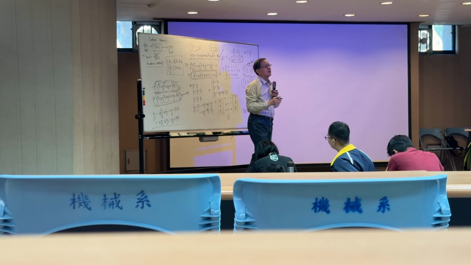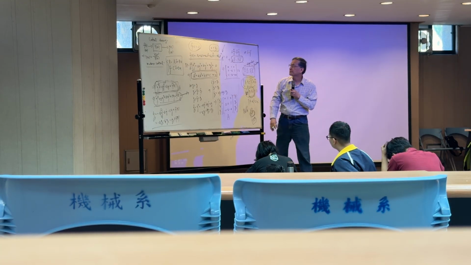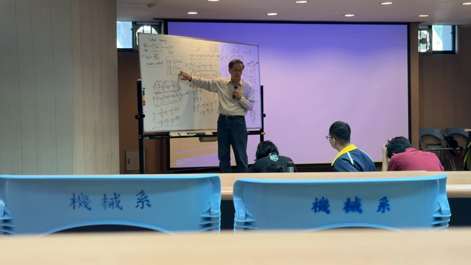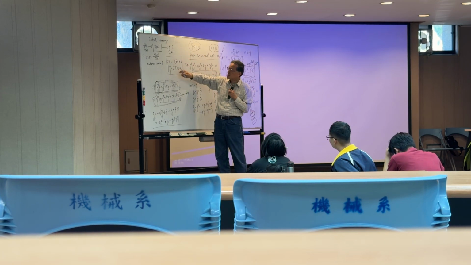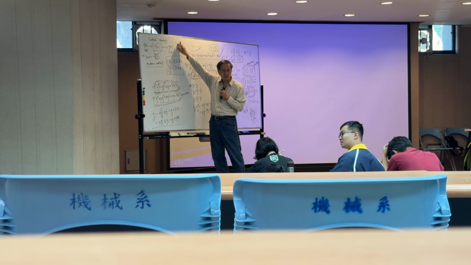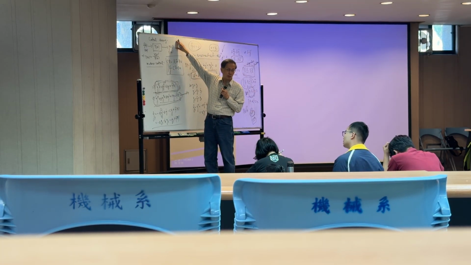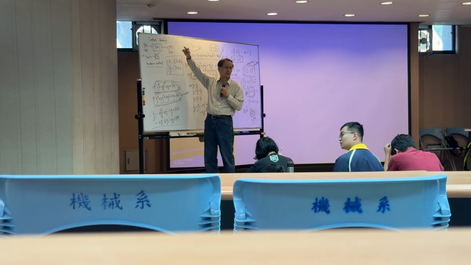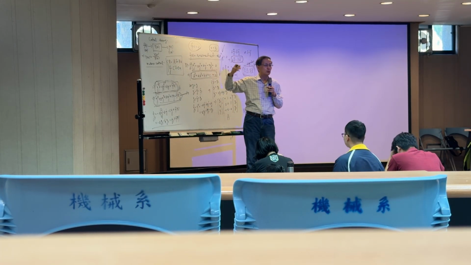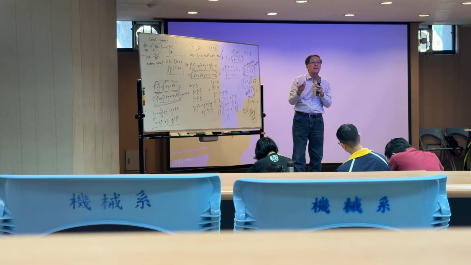But let me tell you, from the numerical method point of view, this is actually easier than this. Why is this easier than this? Because in this one, you have to deal with Laplace transform all the time, right? You have to do the Laplace transform, either in your head or by looking up the table, and it is difficult.